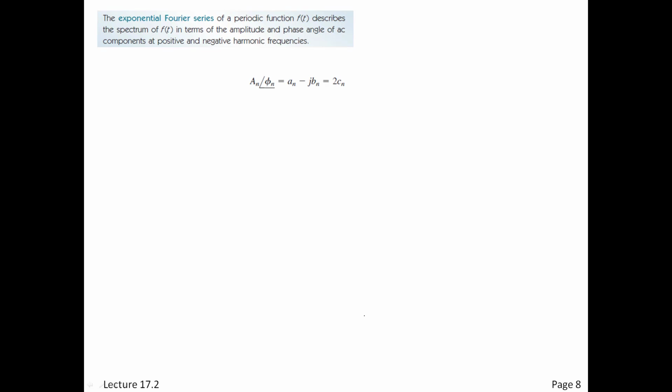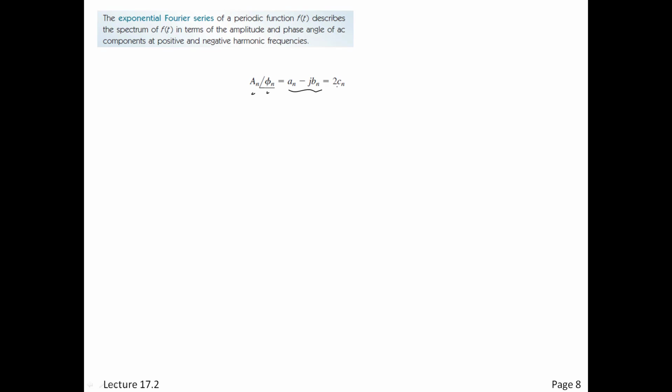All right, so we have the amplitude phase form. So we're back to phasors, right? You can see it here, the amplitude and the phase are related to the A and B coefficients. All right, and that will be twice the C type of coefficient because we had the factor in there.